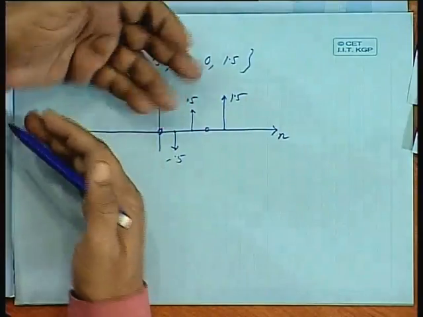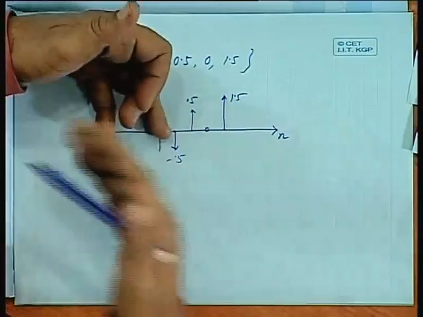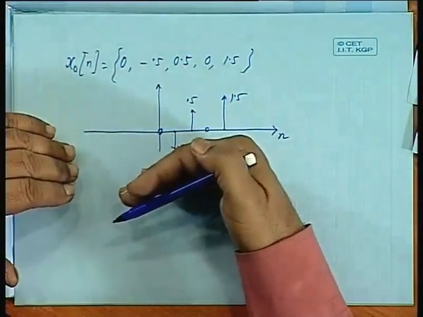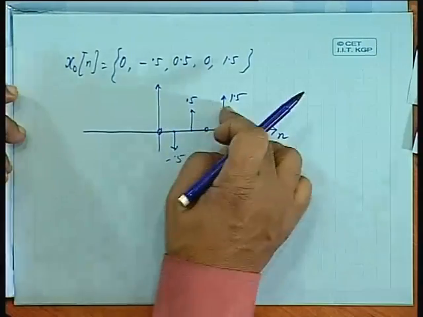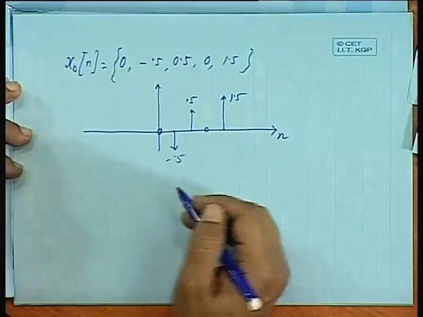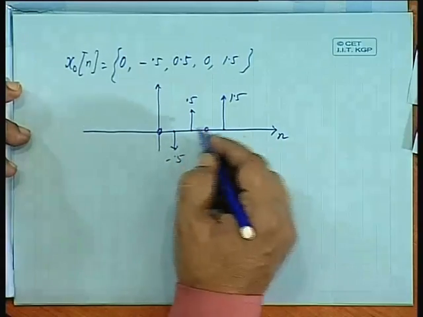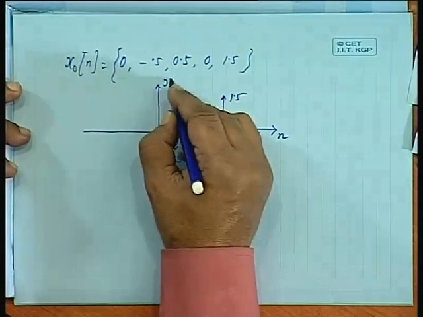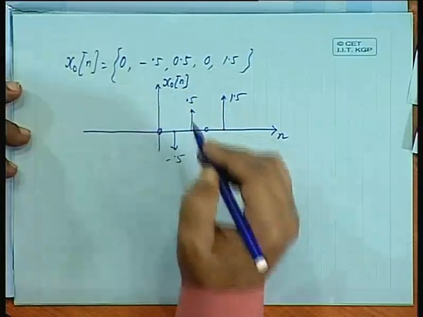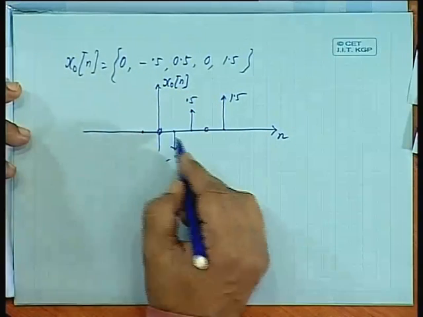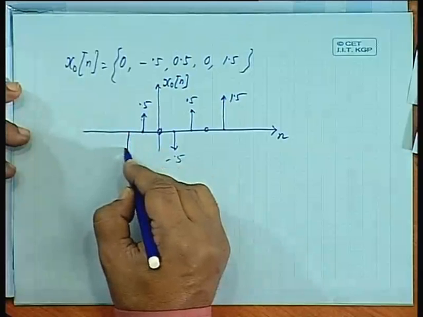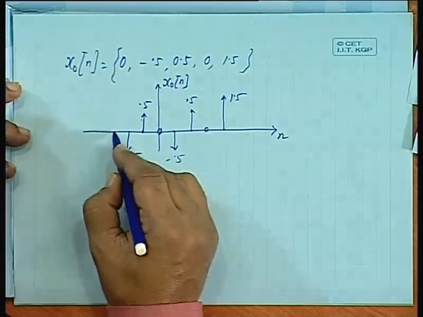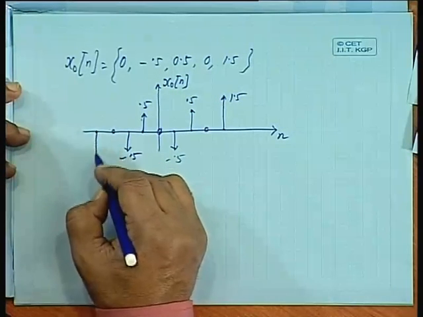Similarly, if I take a mirror image of this twice, once about the y axis, then again about the x axis, I will get its replica on this side. So first quadrant and third quadrant symmetry. For example, the odd function x o n, the total function will be 0.5, minus 0.5, 0 and minus 1.5.